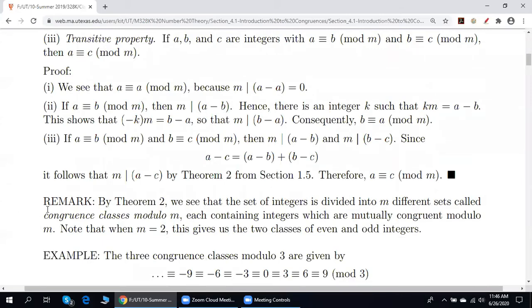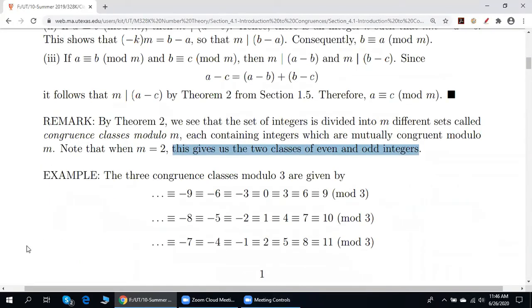Next, please take a look at this remark. By Theorem 2, we see that the set of integers is divided into m different sets called congruence classes modulo m. For example, if m is equal to 2, this gives us two classes of even and odd integers.